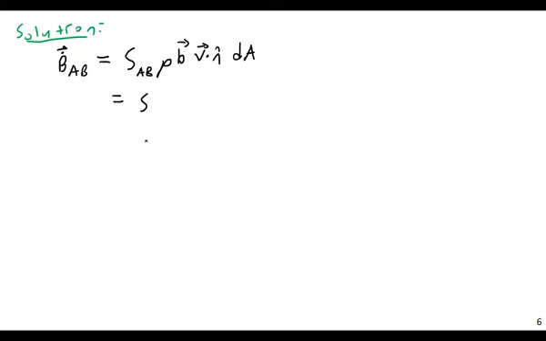Now, I'm going to change the momentum into something a little different. So I'm going to do the integral over AB of rho V V dot n dA. Here's the thing: the momentum is kilograms meters per second, right?